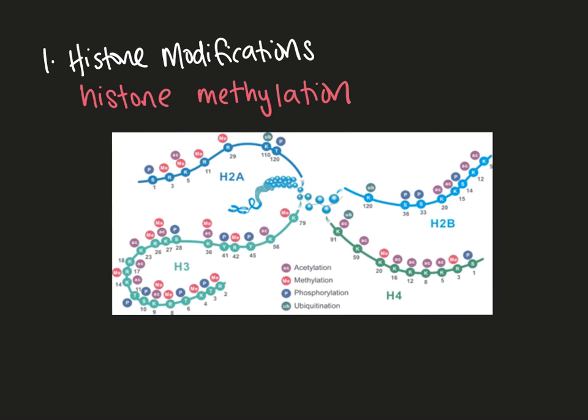Another type of histone modification is histone methylation. Instead of adding an acetyl group to the amino acid residue, this is adding a methyl group. Here, this is shown in the red color. You can see that the methylations are occurring on lysines and arginines and different residues on many different histone tails.